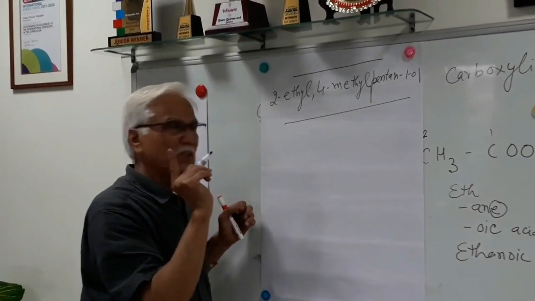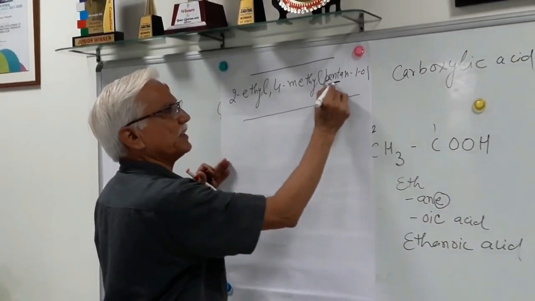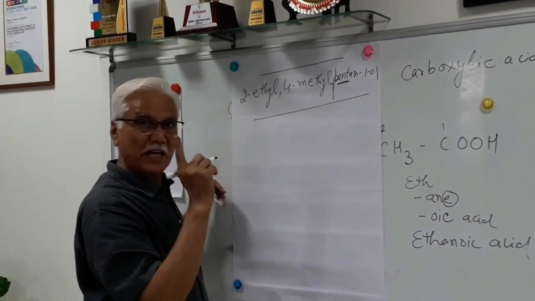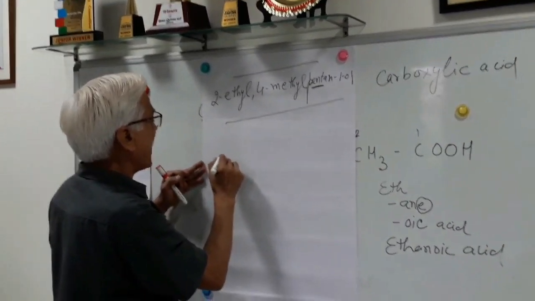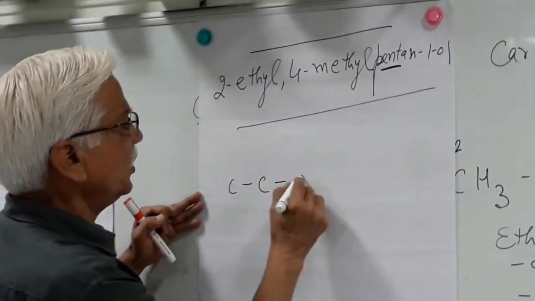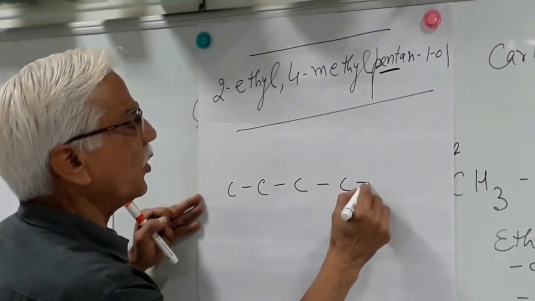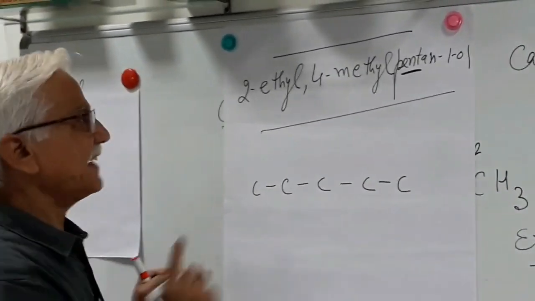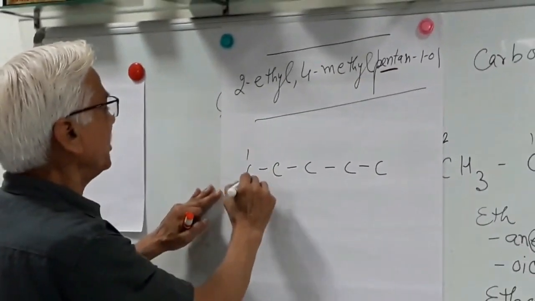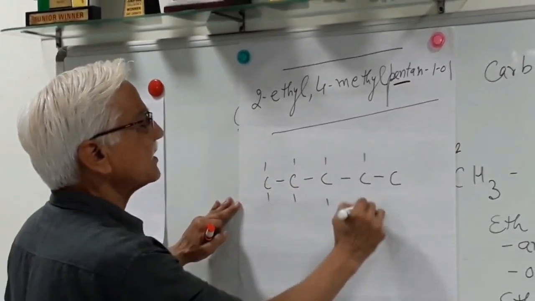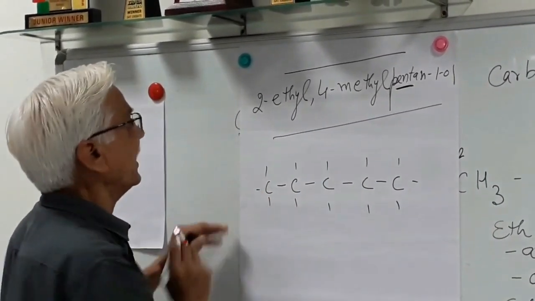For that structure, you concentrate on the root word. Root word is pent. How many carbon? 5. 1, 2, 3, 4 and 5. Right? All saturated, so you can put these valencies. It will be easier for us.